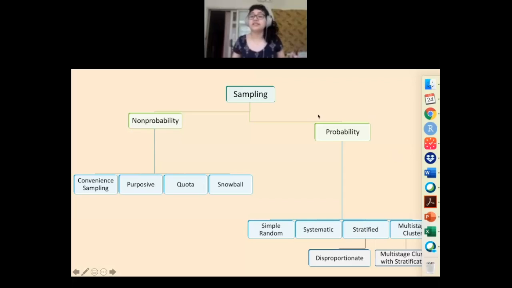So probability, remember, is that there is a random chance for each person within a population to be sampled. And there are different ways that this shows up. So I just want to reemphasize, each person has an equal probability of being sampled.